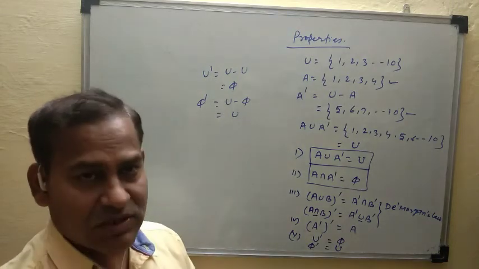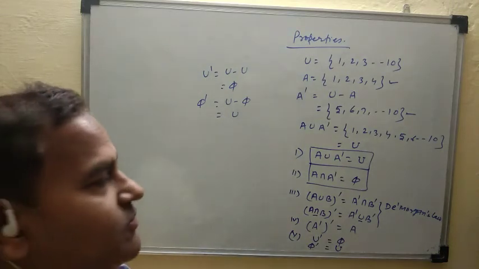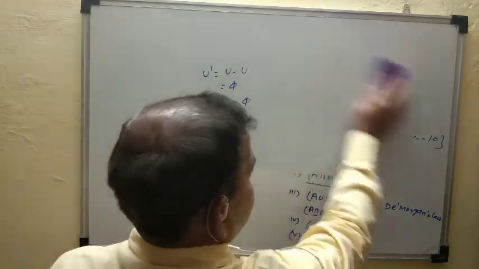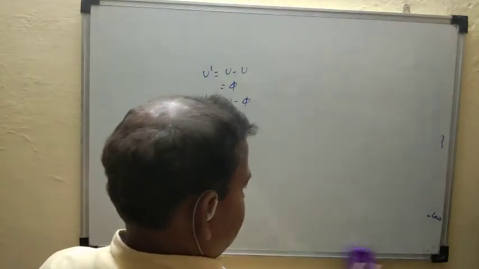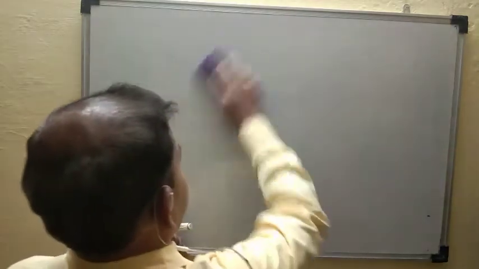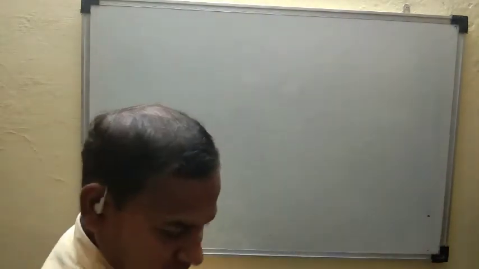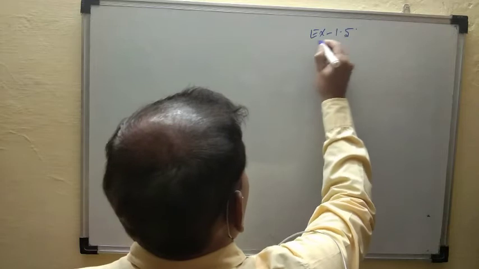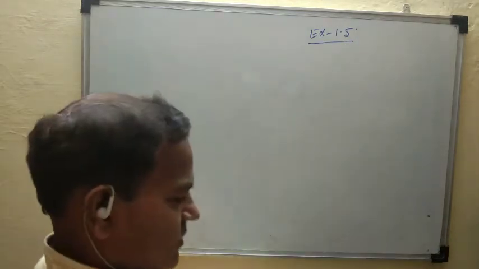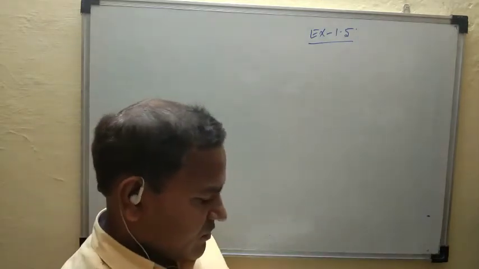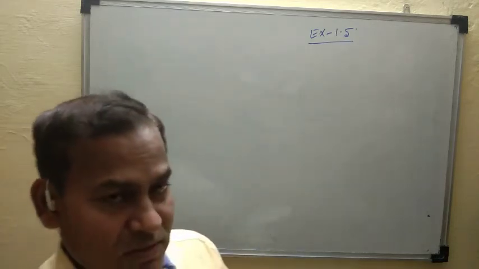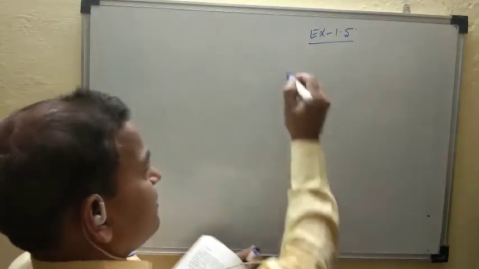And now exercise 1.5. In exercise 1.5, U is given, A is given, B is also given.